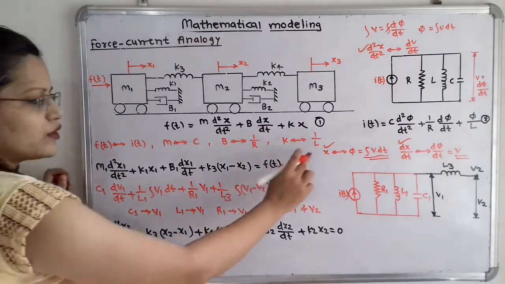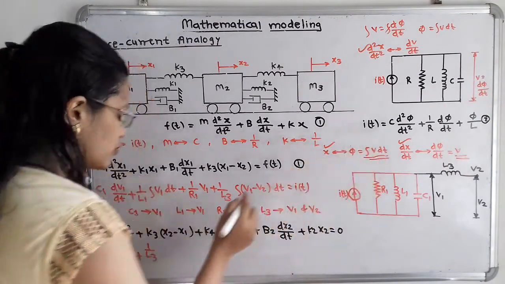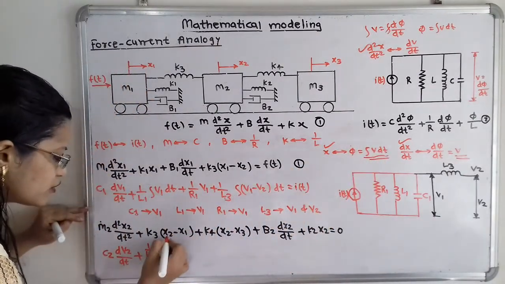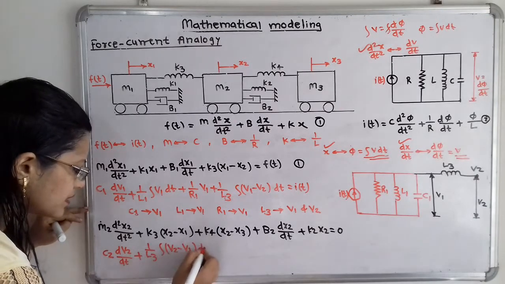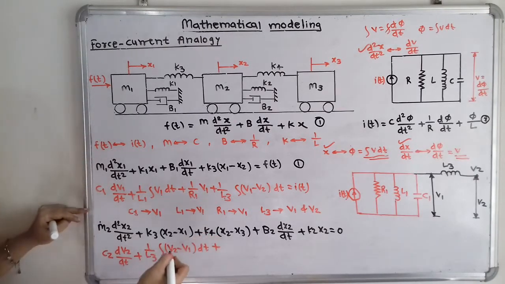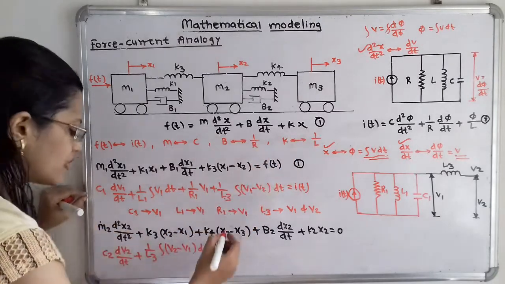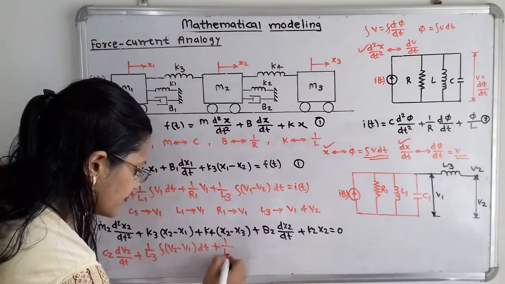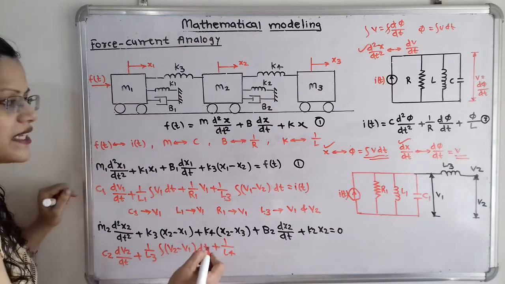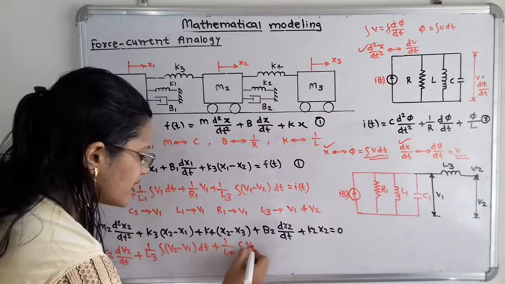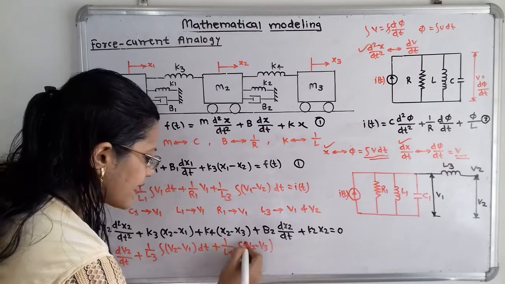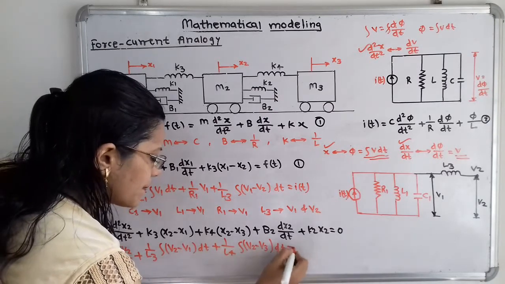x2 minus x1. So instead of x, I will use integration of v dt. So I will use integration of (v2 minus v1) dt plus k4, and instead of k4 I will use 1 by L4. Now x2 minus x3 is nothing but integration of (v2 minus v3) dt plus b2.